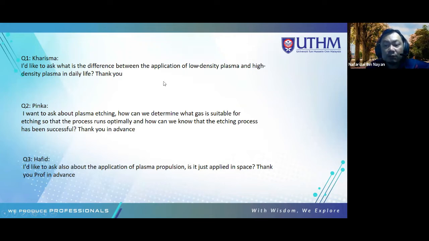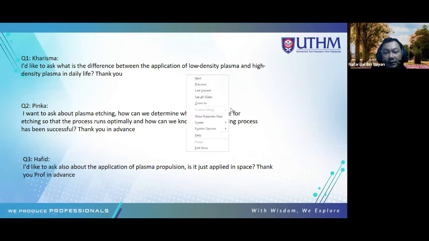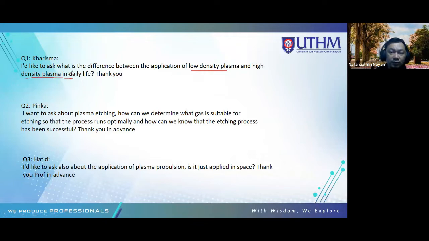So the first question was asking about the difference between the application of low density plasma and high density plasma. If we talk about low density and high density plasma in our daily life, we have two types of plasma.